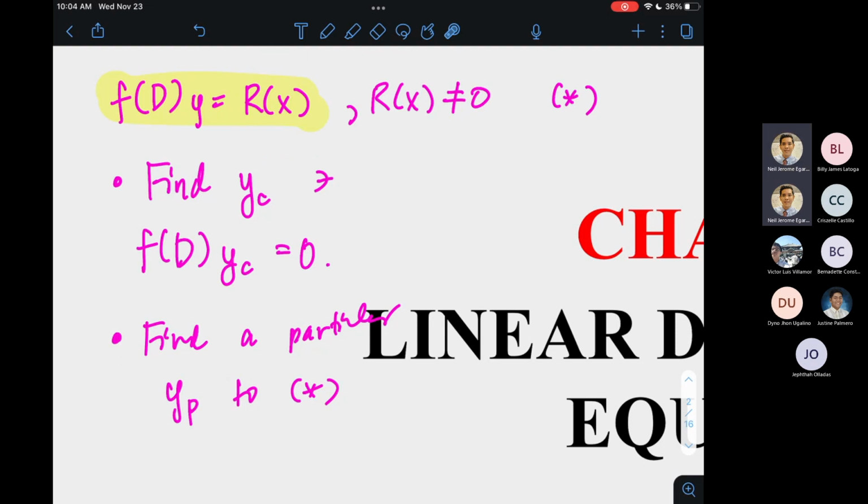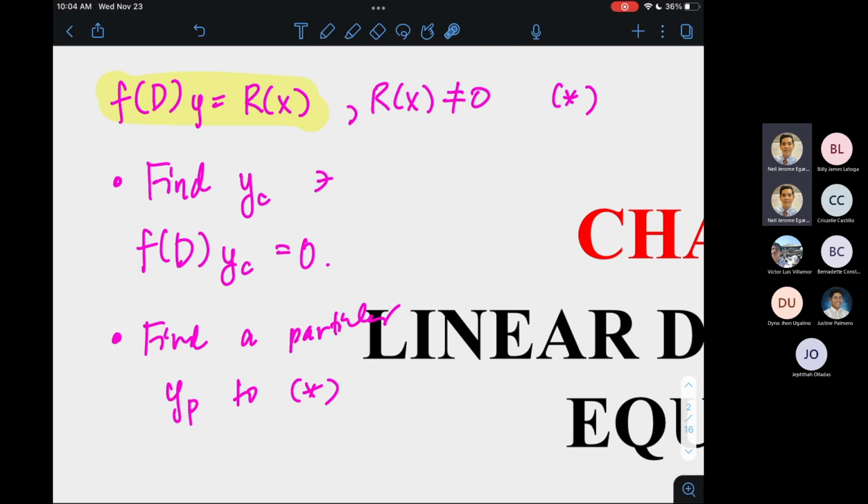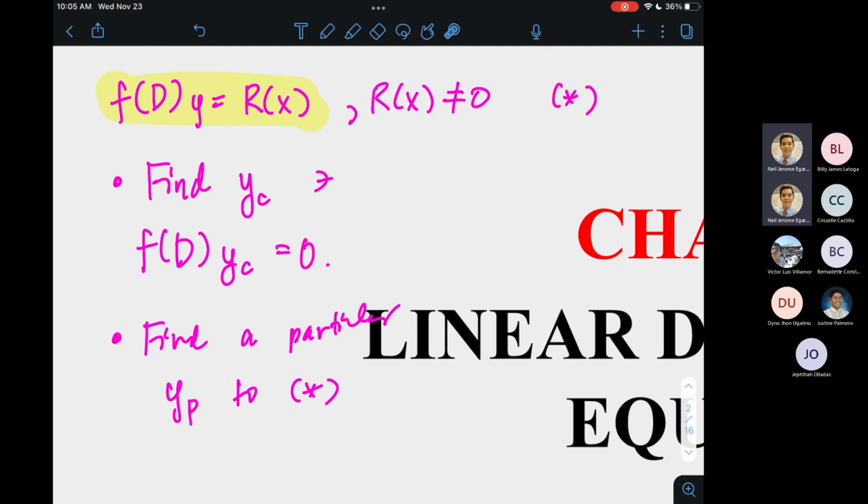Kailangan nating mag-imbento ng differential operator g of d such that g of d of r is equal to 0. All right? So kung ang itsura ni r ay polynomial, exponential, sine and cosine or linear combinations ng tatlong klaseng functions na yon, then we're good. Pwede nating ma-solve yung entire problem using the method of undetermined coefficients.